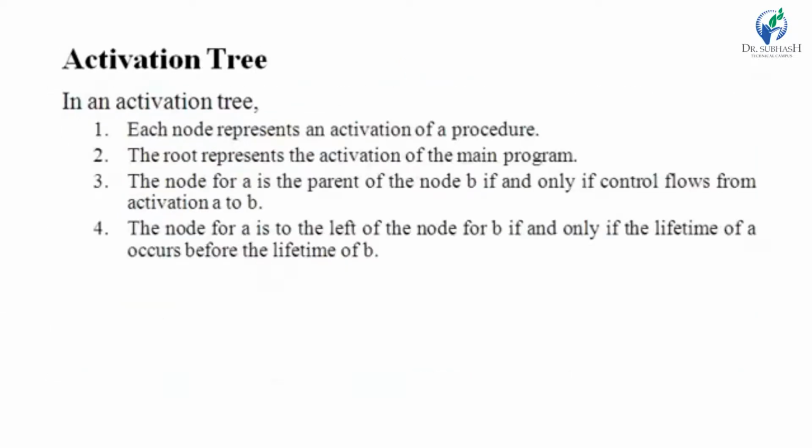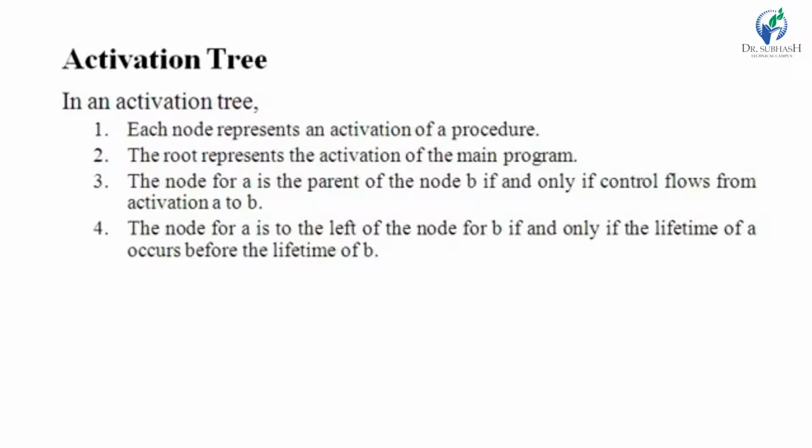Second is activation tree. Activation tree is used to depict the way control enters and leaves activations. In an activation tree, each node represents an activation of a procedure. The root represents the activation of the main program.